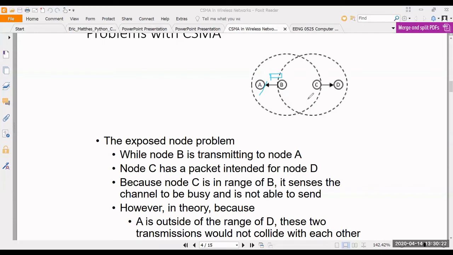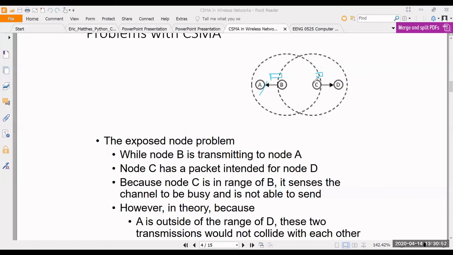Good. Look at this instance. C has something to send, right? So let's say C also has a frame to send. It hasn't sent yet, but B has sent. But look at this. C wants to send something to D, but because C is in the range of B also, it senses that the whole range is busy.